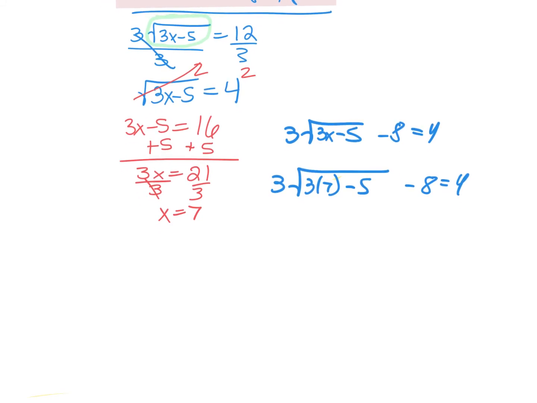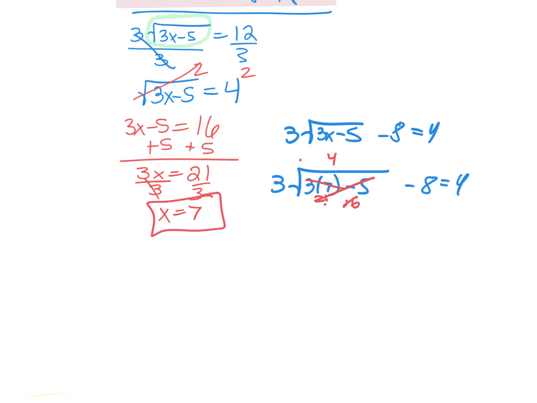What is 3 times 7? 21. What's 21 minus 5? 16. What's the square root of 16? 4. What's 4 times 3? 12. What's 12 minus 8? 4. Does 4 equal 4? Yes. You're good to go.